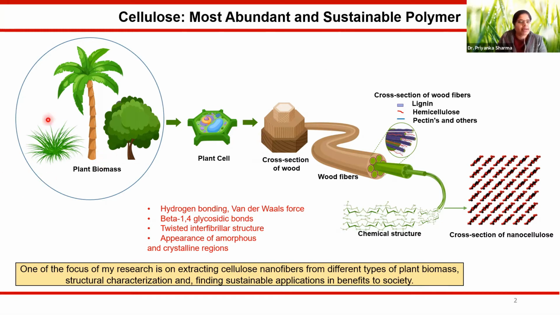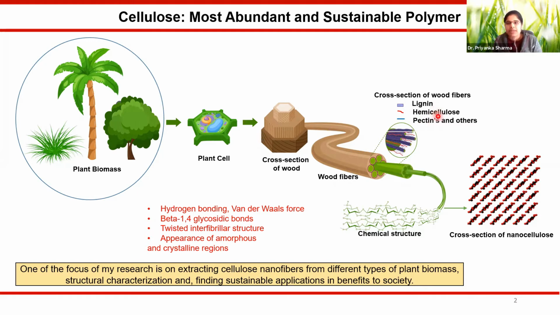So here are examples of plant biomass. The smallest unit in plant biomass is the plant cell, which is comprised of several components, including the cell wall, and the cell wall is basically comprised of wood fibers. These wood fibers are comprised of three major components: lignin, hemicellulose, and the cellulose fibers.